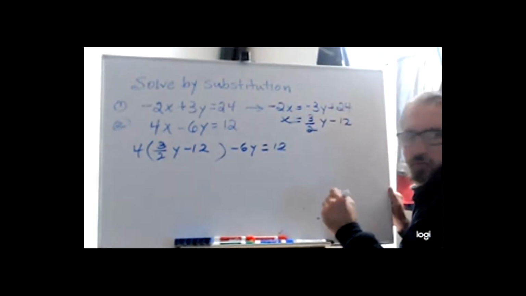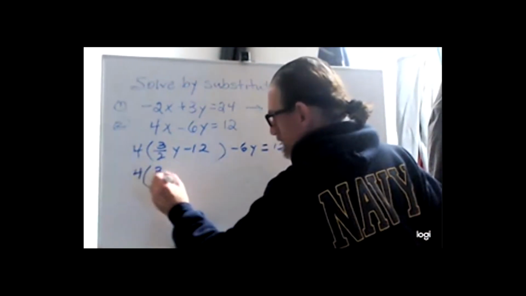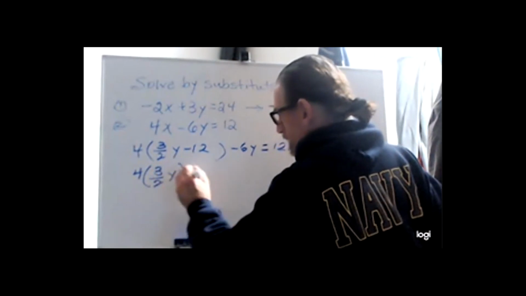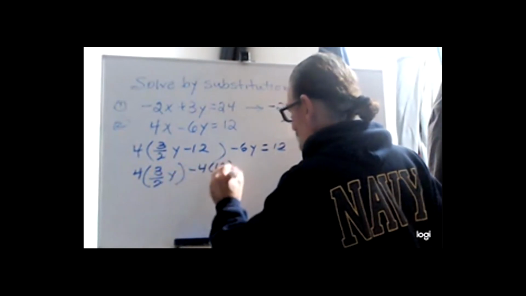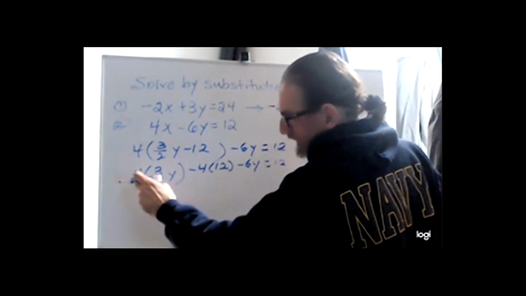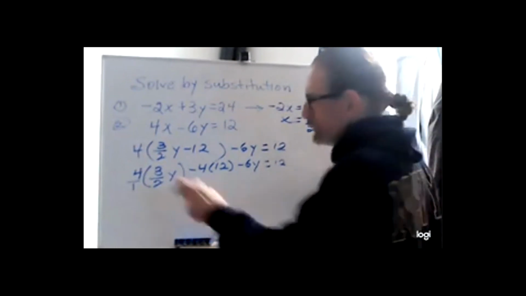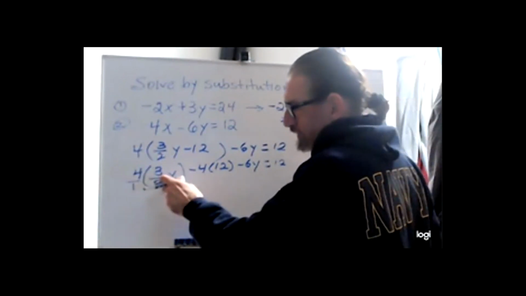Distribute that 4. In this case, you can think of 4 as 4 over 1 if you need to, but the 4 over 2 reduces.